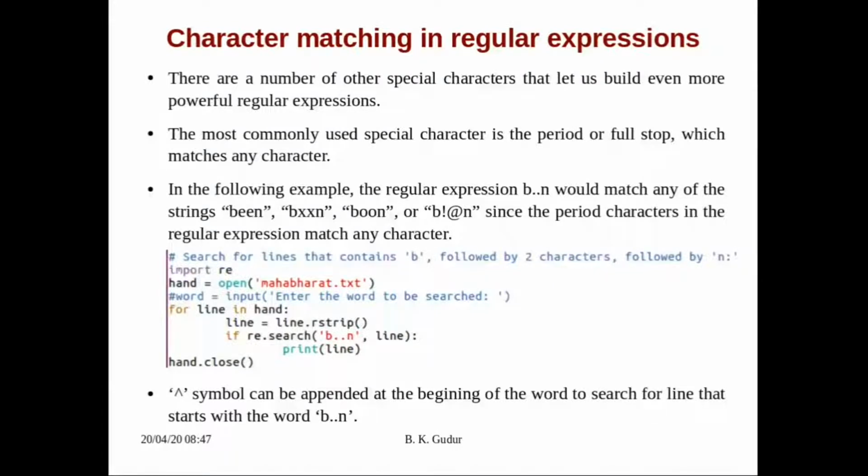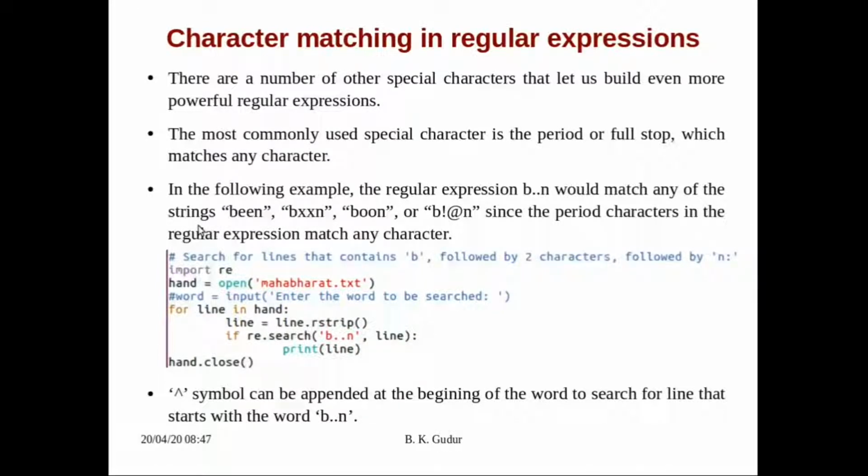Remember, here we just added a caret character, and that searched for lines where the word appears at the beginning. The most commonly used special character is a full stop or period, which matches any character. Say, for example, in the following example the regular expression b.n would match any of these strings.